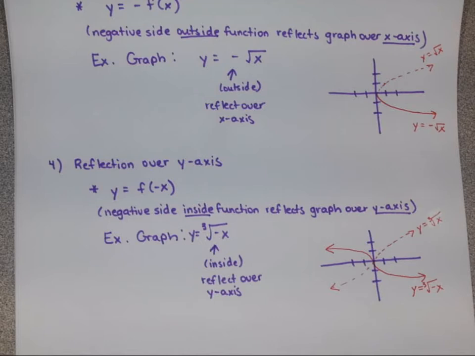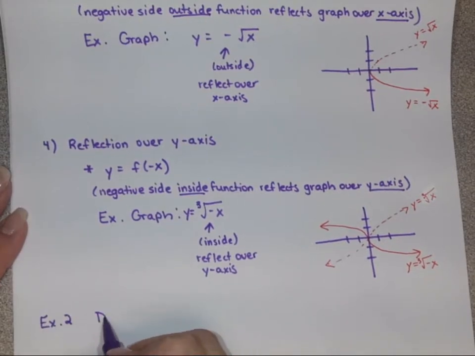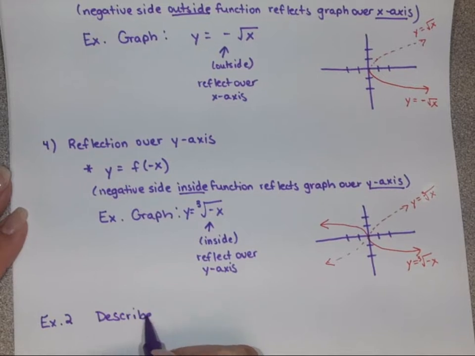So notice these are kind of paired up. Wednesday we did vertical shifting, horizontal shifting. And so far today we've done reflection over x versus reflection over y. So let's look at one where we might have a little confusion about what to do first.